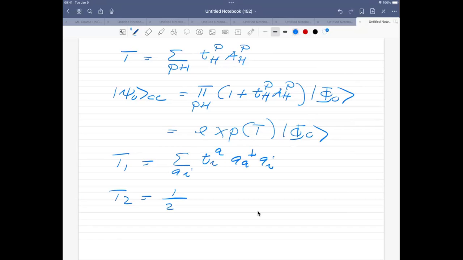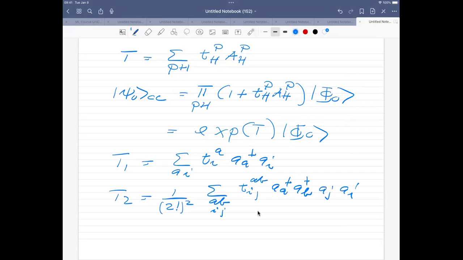Then I would simply have this as 1 over 2 factorial squared, and a sum where I'm now summing freely over all the states i, j and a, b. So I have these amplitudes t_ij^ab, and then I have a_a^† a_b^† a_j a_i.